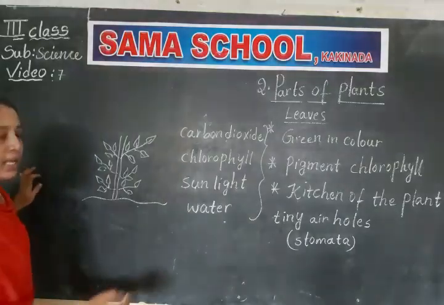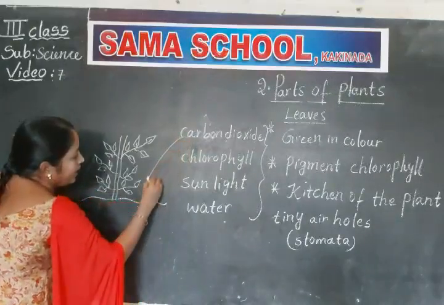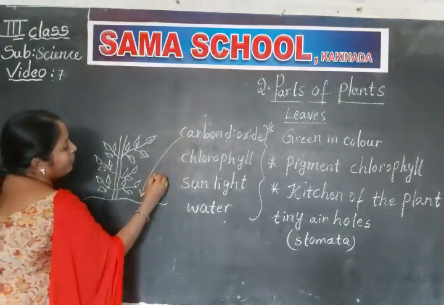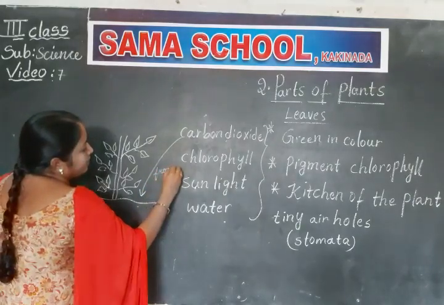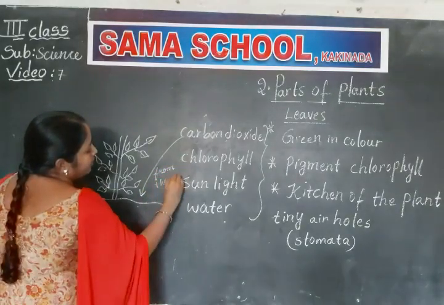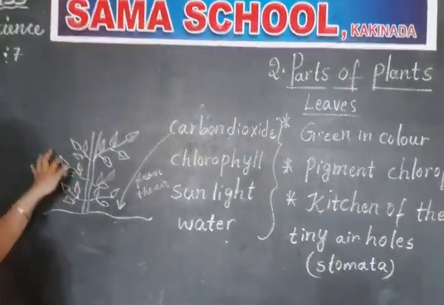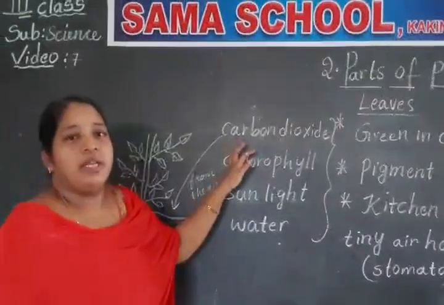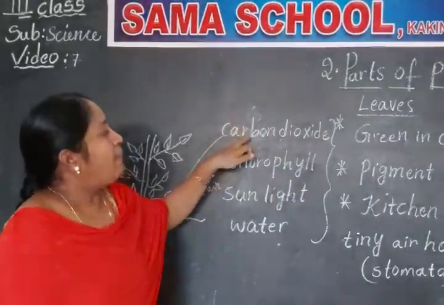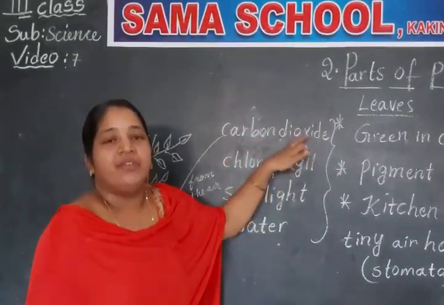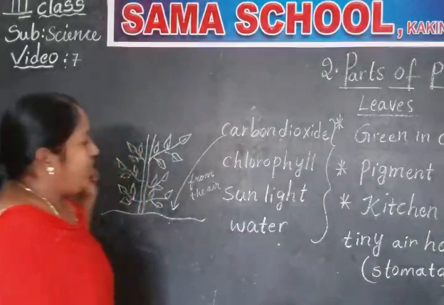So plants take carbon dioxide from the air. Already you learned air is a mixture of many gases: carbon dioxide, oxygen and nitrogen. Among those gases, the plant takes carbon dioxide for the preparation of its food material.